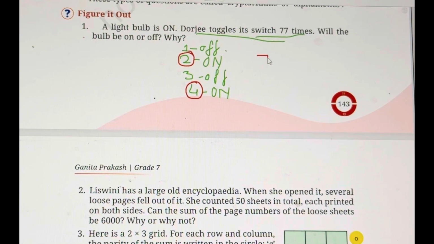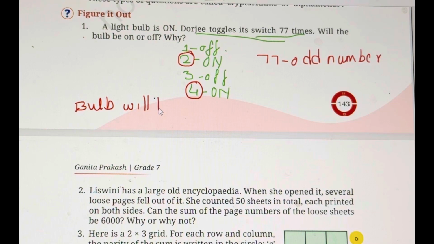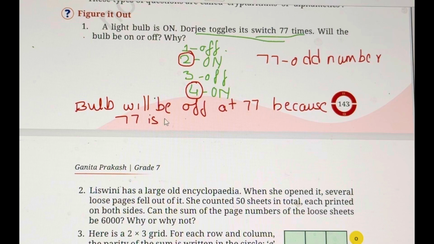Now, what is 77? 77 is an odd number, right? So, what will be the position of the bulb? The bulb will be off at 77 because 77 is an odd number.